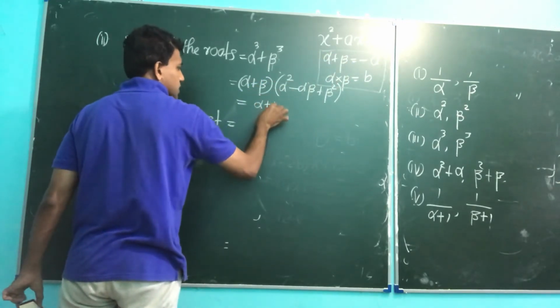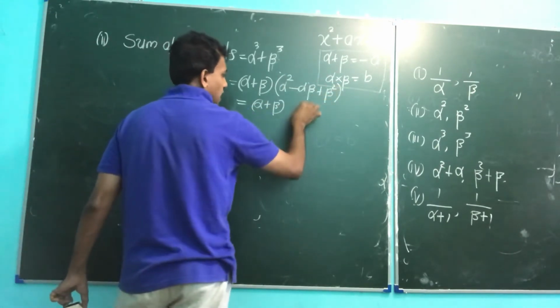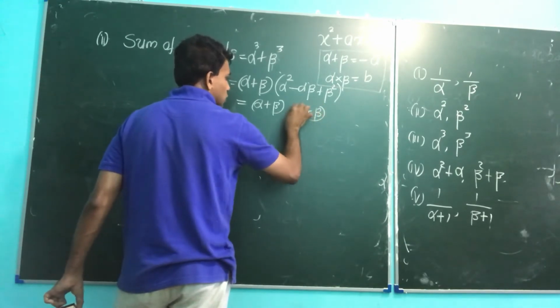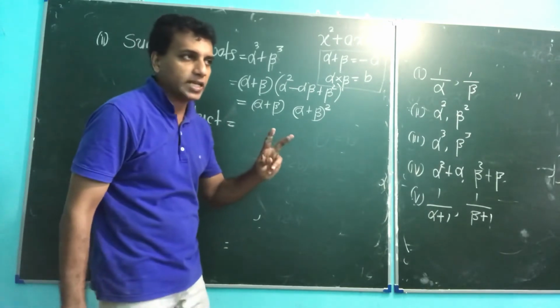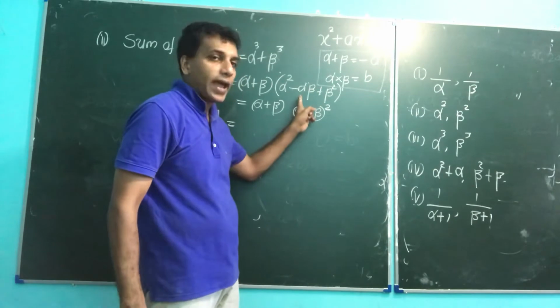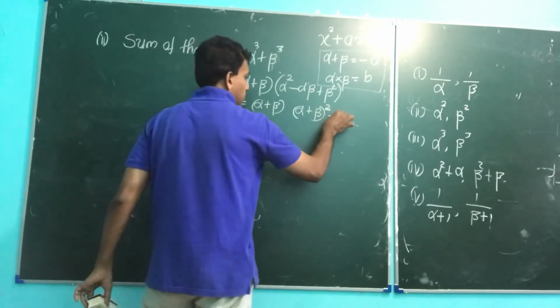Alpha plus beta, and come here, take the first and the last: alpha plus beta completely squared, and you should subtract 2 alpha beta, but one is already subtracted, therefore totally minus 3 alpha beta.